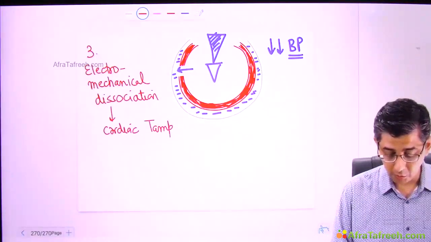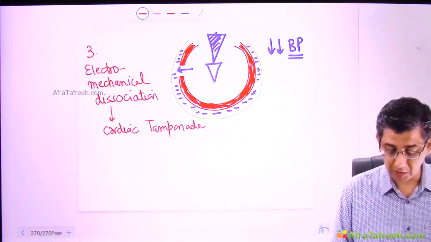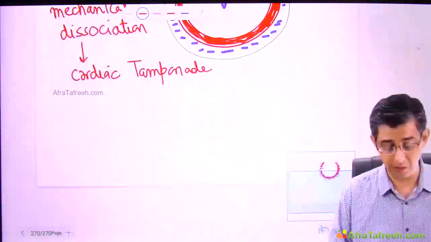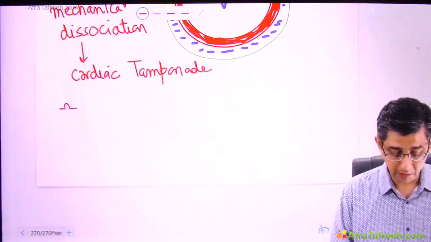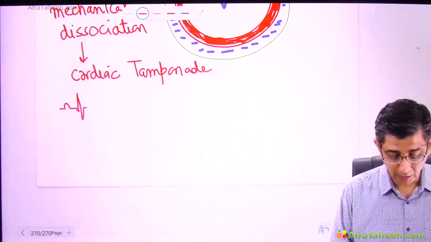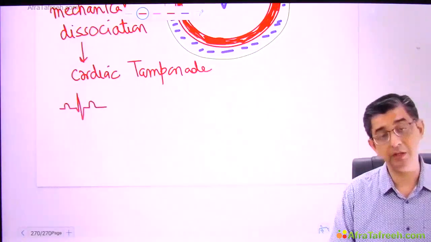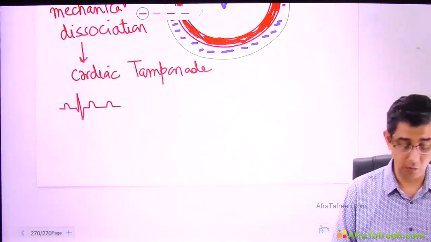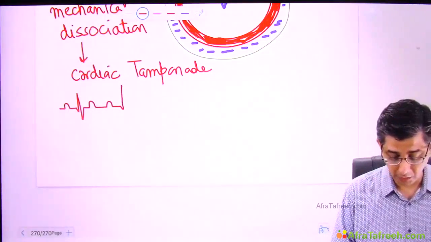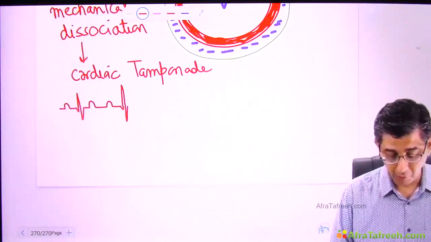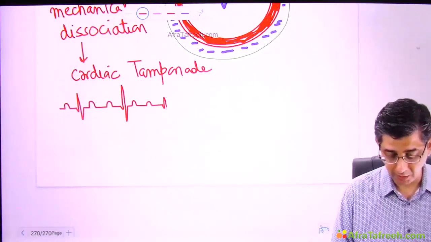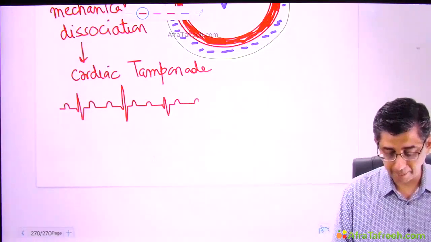Now, how you as a physician, as a doctor will come to know this is cardiac tamponade is by evaluating the ECG of the person. So when I sketch the ECG, you will notice that I will try to show electrical alternans. I'm not showing any problem with the duration of the QRS complex, but I'm definitely showing a variation in the voltage generated with respect to the QRS complex. Please be patient so that I can just draw a few complexes here.